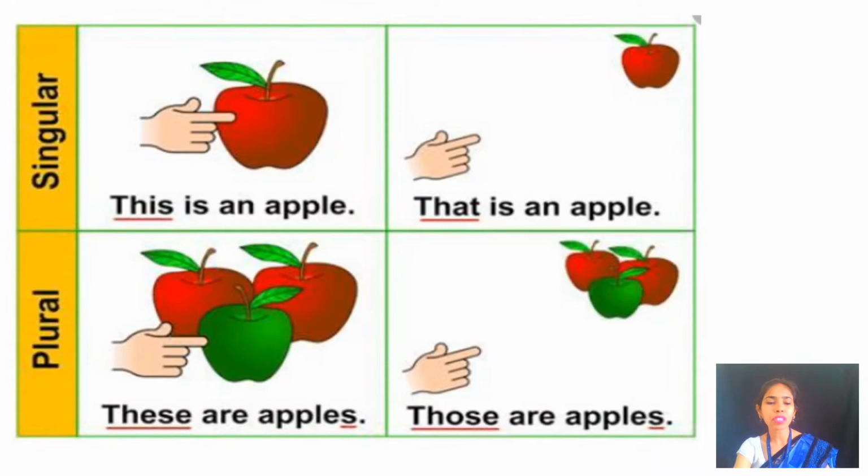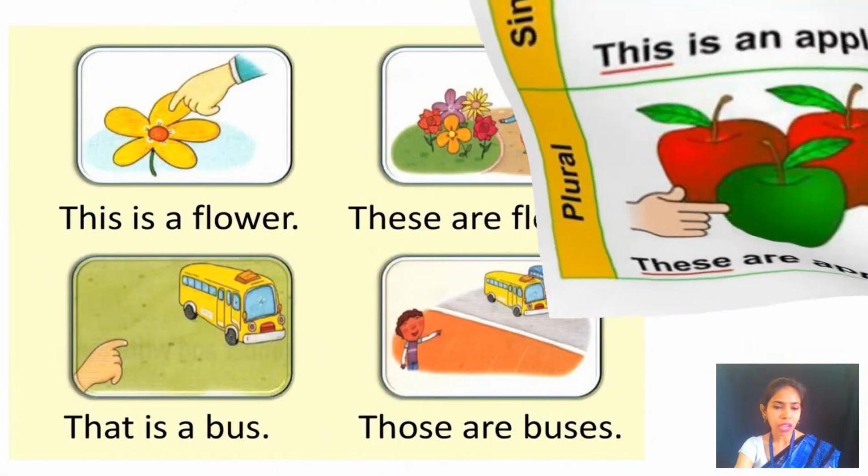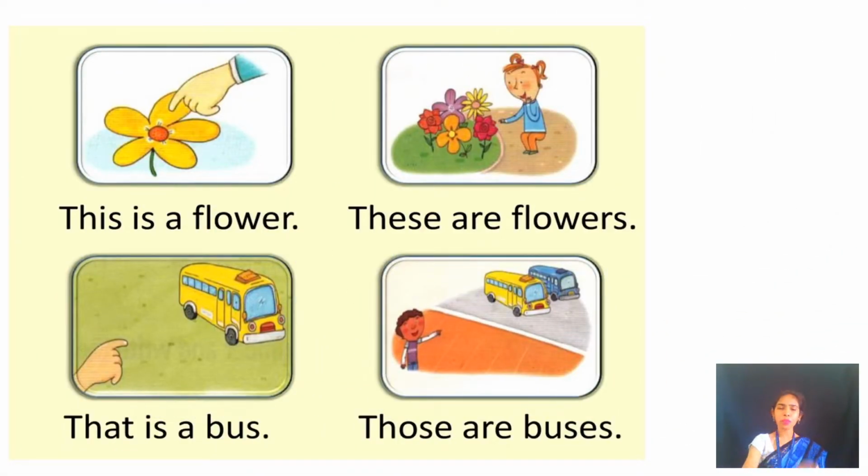Now can you see one more? I will just show you one more picture. So please look here very nicely. Now see this. This is a flower. What is this? It's a flower. So you can see the hand is pointing the flower.